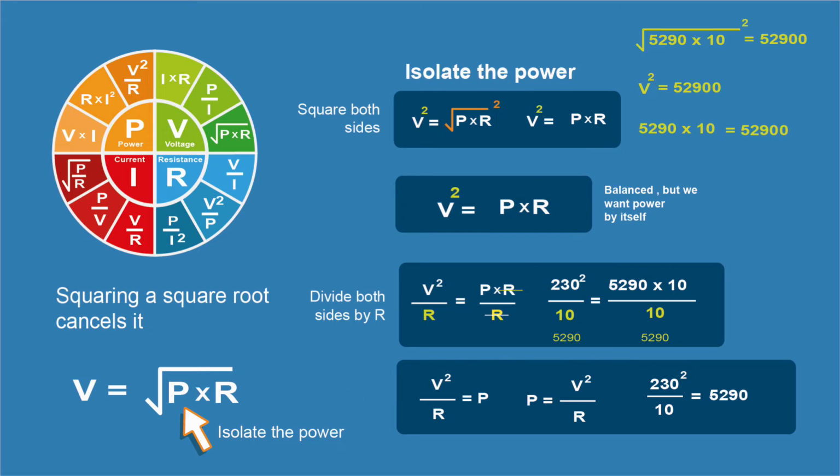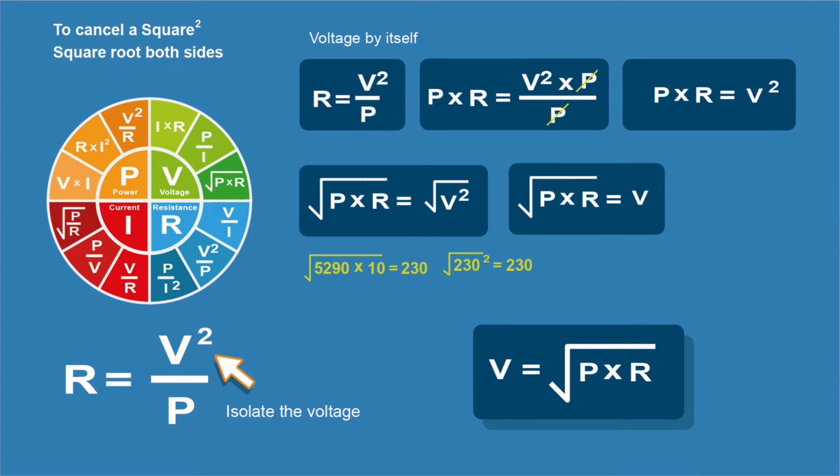With transposition, it's just repetition that builds your confidence. So let's do another one. Slightly different. We've got resistance equals voltage squared divided by power. Now we just want voltage by itself. We don't want voltage squared, we want voltage. As I mentioned before though, if you've got something on the bottom line, get that up the top first. Just makes life easier.